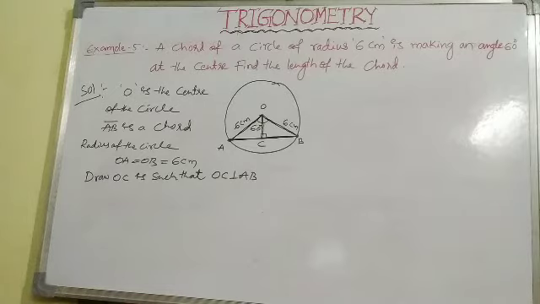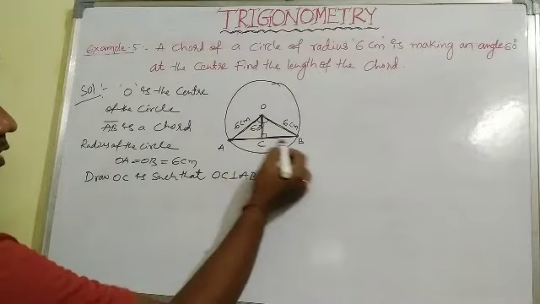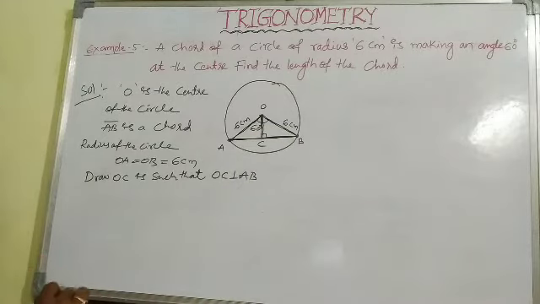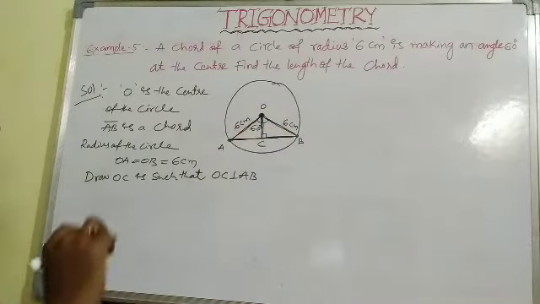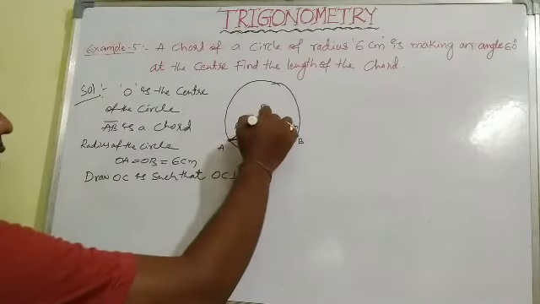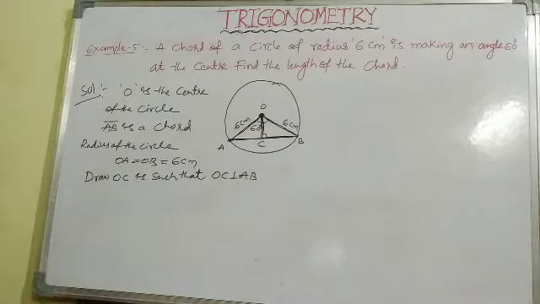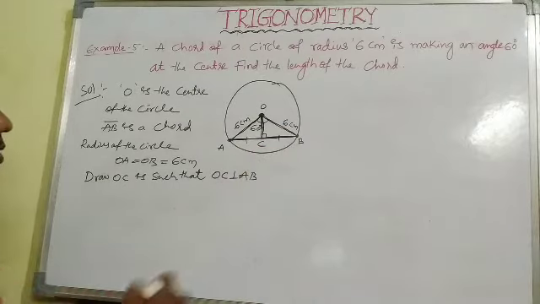This perpendicular OC divides AB into 2 equal parts. The perpendicular drawn from the center of the circle to any chord divides that chord into 2 equal parts. So that means here AC length and BC length are equal.